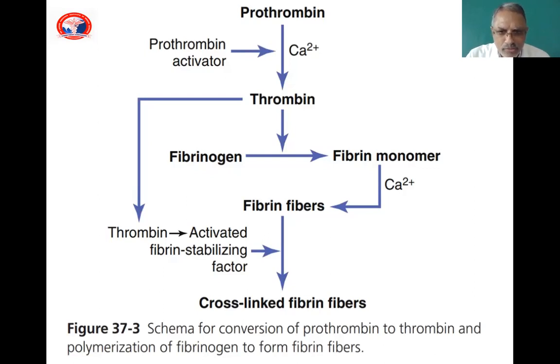This is the schema for conversion of prothrombin to thrombin and polymerization of fibrinogen to fibrin fibers. Prothrombin activator along with calcium forms thrombin, and thrombin causes conversion of fibrinogen to fibrin fibers along with calcium.